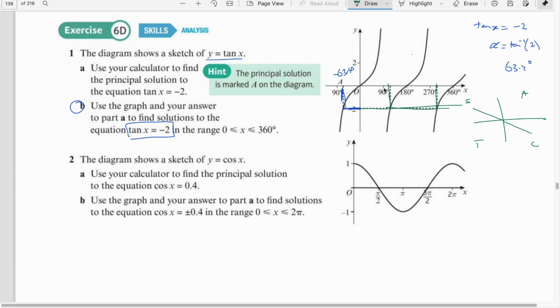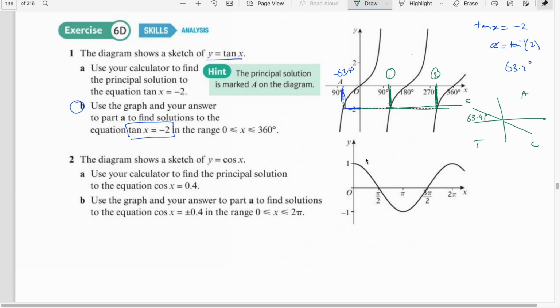And from the graph, we see that the first is in the second quadrant, that is more than 90 and less than 180. Then the next angle is more than 270 and less than 360. So this is the basic angle, which is 63.4.